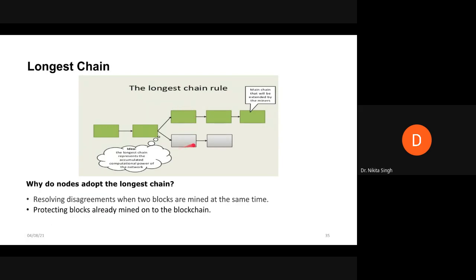So they created two blocks here. Now what will happen is nodes will adopt the concept of longest chain. Both of these blocks refer to the same previous block. Now the miners can continue to build a blockchain either on this block or this block.